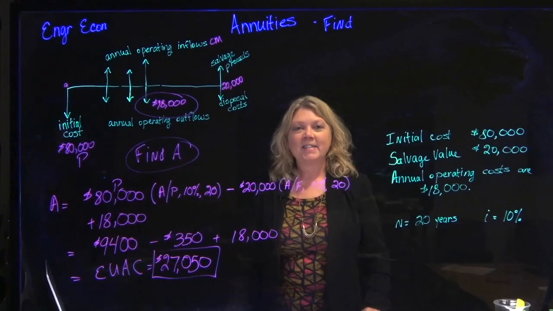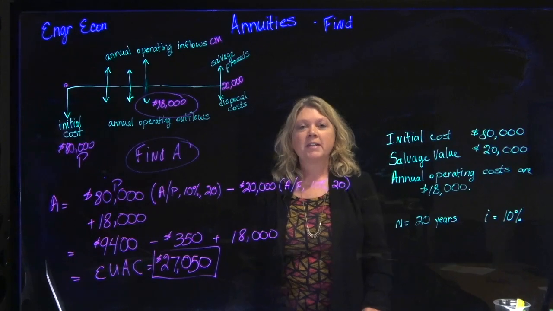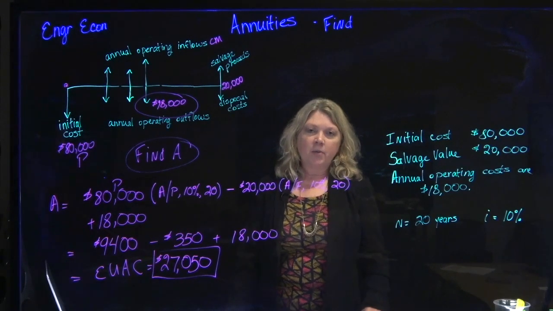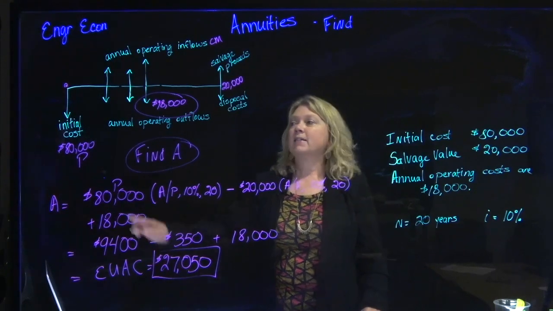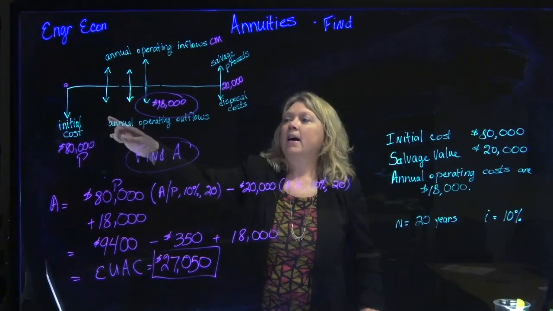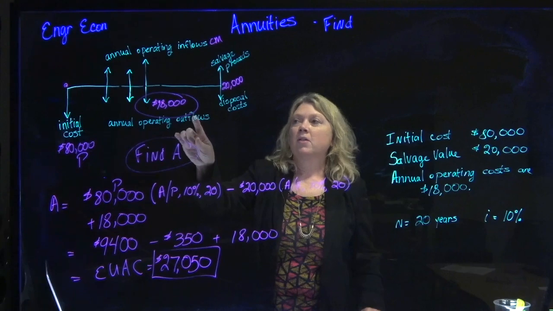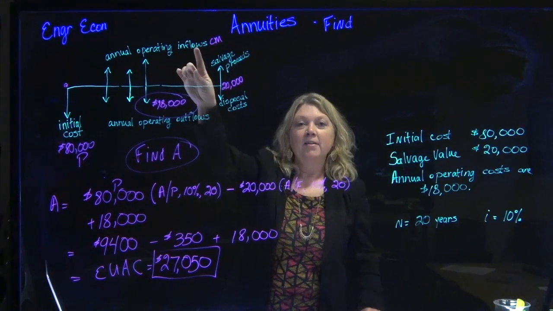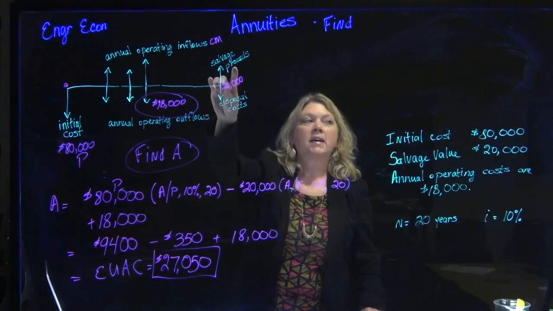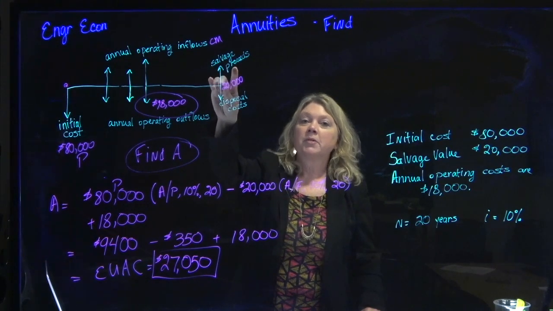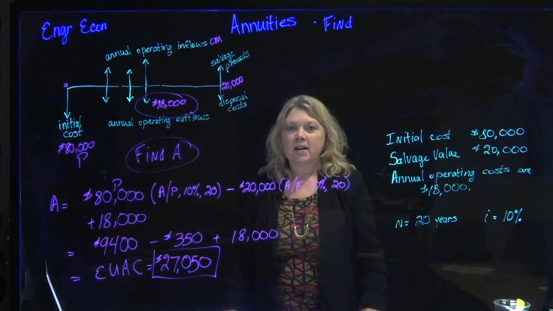Okay, let's look at an example of trying to decide what would be the average annual cost of owning a particular machine that has an initial cost, annual operating outflows, or annual operating inflows, cash generated from running that investment, and then a salvage value or proceeds from selling that asset at the end of its life.